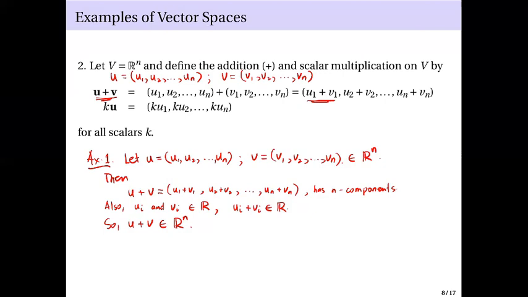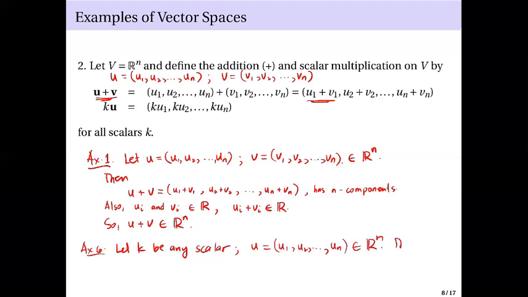Axiom 6, similar explanation. Let k be any scalar, and then you get a vector u with n components, u1, u2, until un, from Rn.